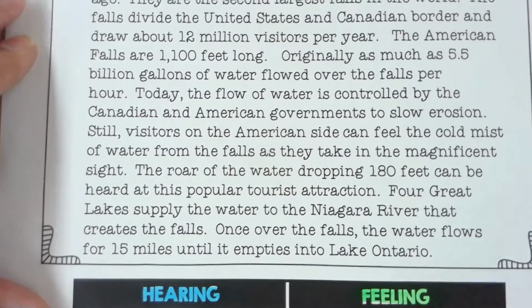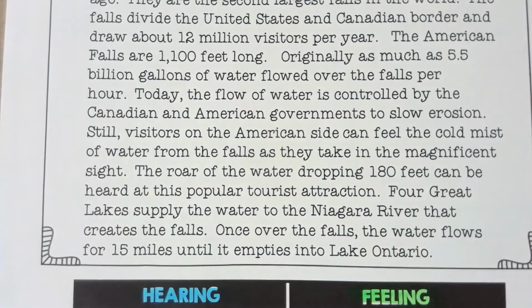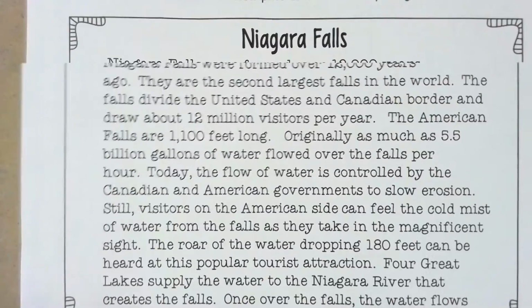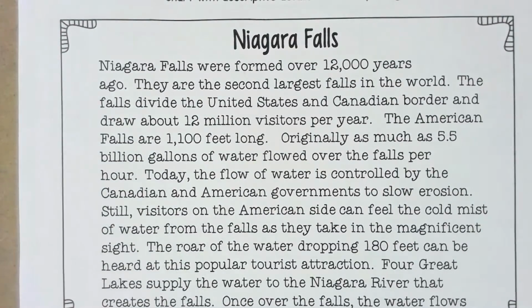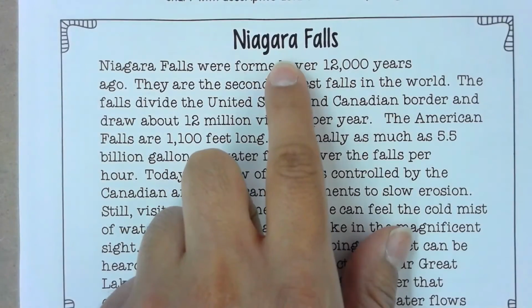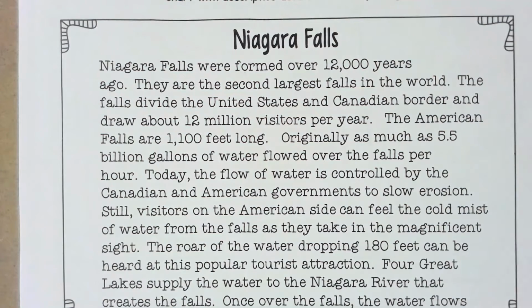So please get your blue highlighter. Do you see any details from this descriptive paragraph? As you can see, for this descriptive paragraph, we have one topic, Niagara Falls, and we have to ask ourselves, how did the author choose to organize and write this text?